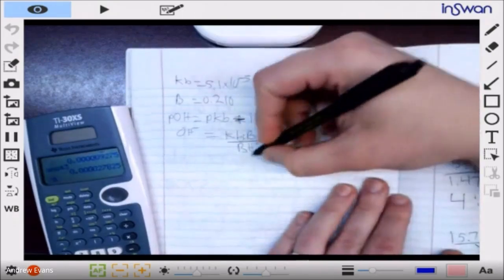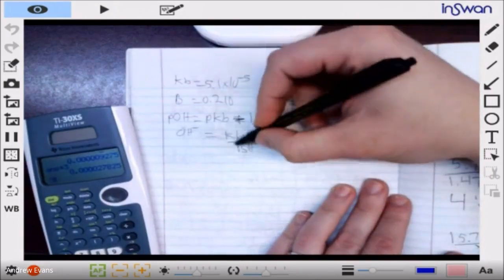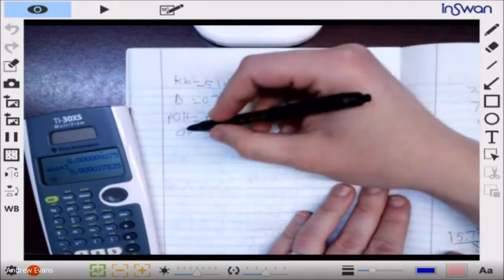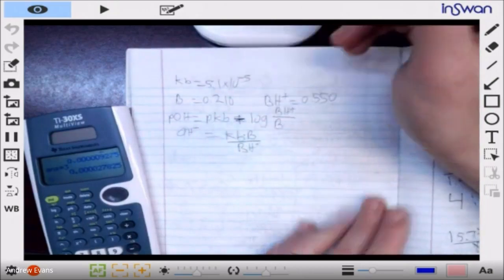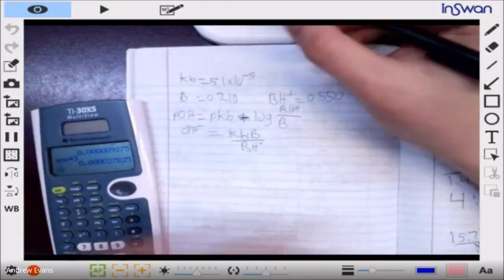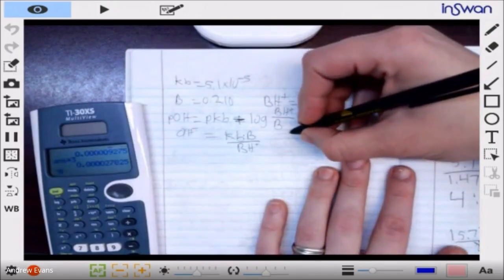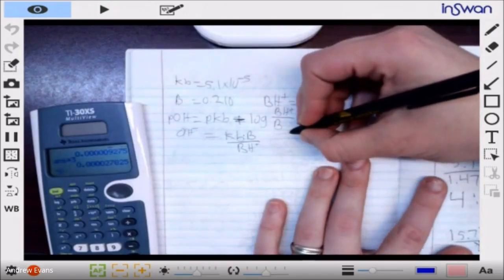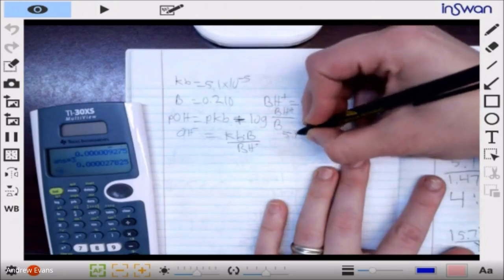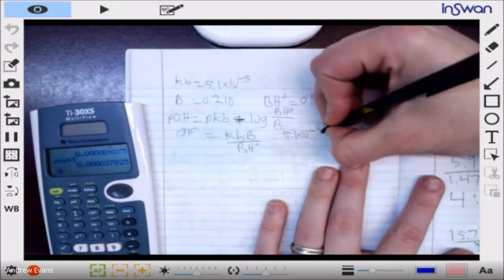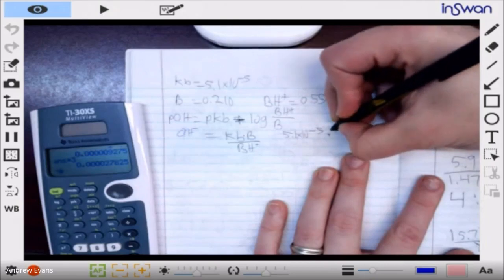You could just as easily do that math as well, and then find the OH, turn it into the pOH. Whatever is more convenient for you, because you're essentially just setting up the K expression and solving for it. It gives you the same numbers either way. You just got to make sure you understand what math you're doing.